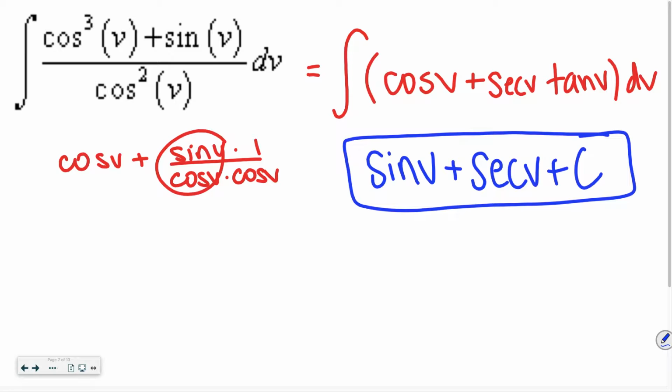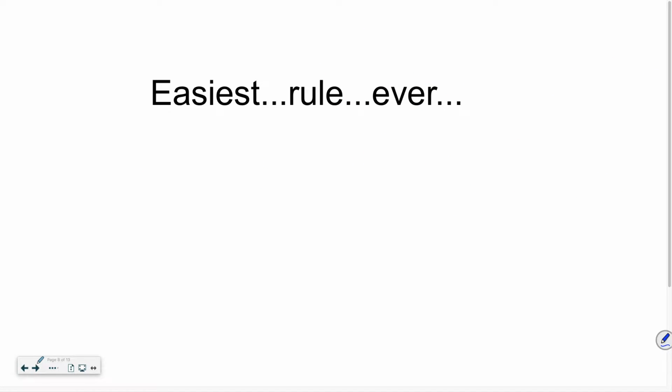Okay. We have 2 more rules that we want to talk about. One of them is the easiest rule. What was our easiest derivative rule?